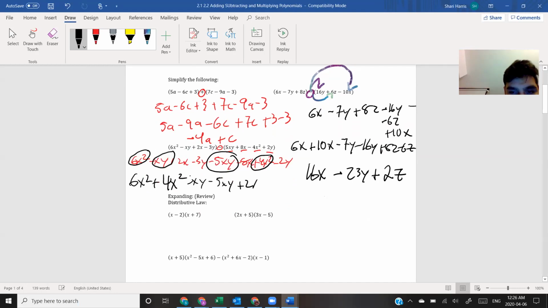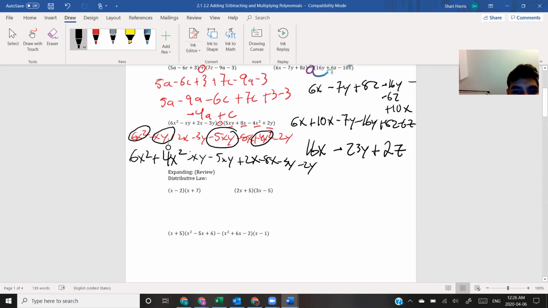It's going to be plus 2x minus 8x, minus 3y minus 2y. And then I wish I had more space here. I'll put more space for the next ones.